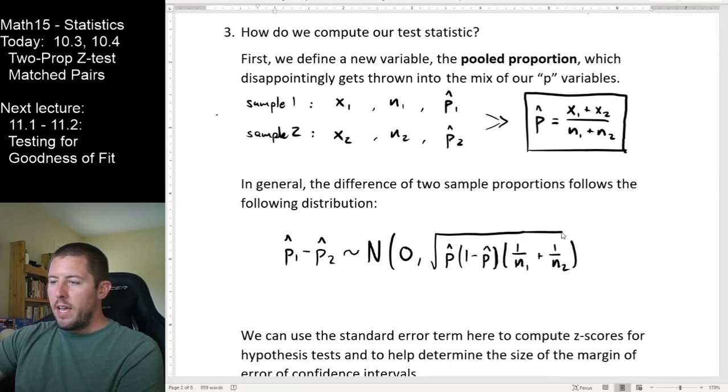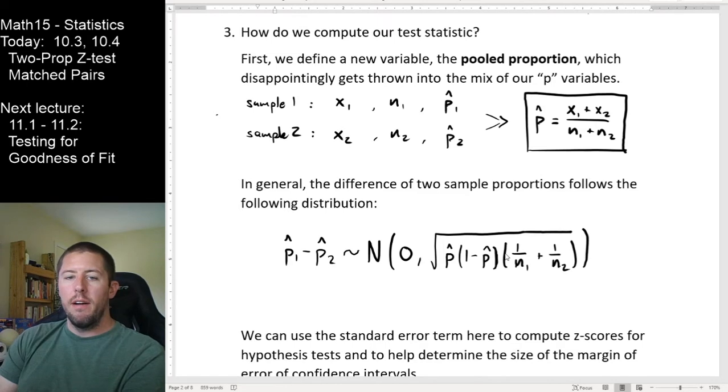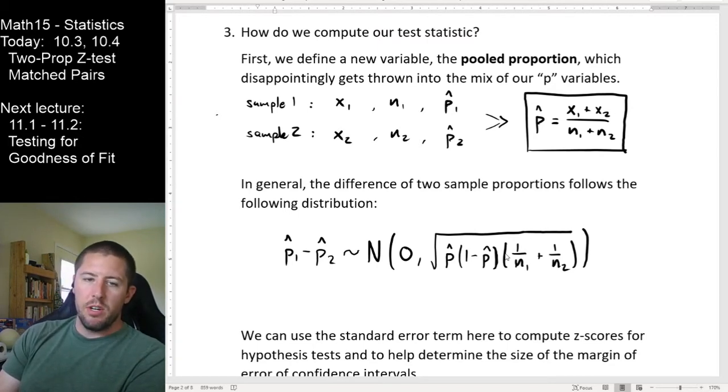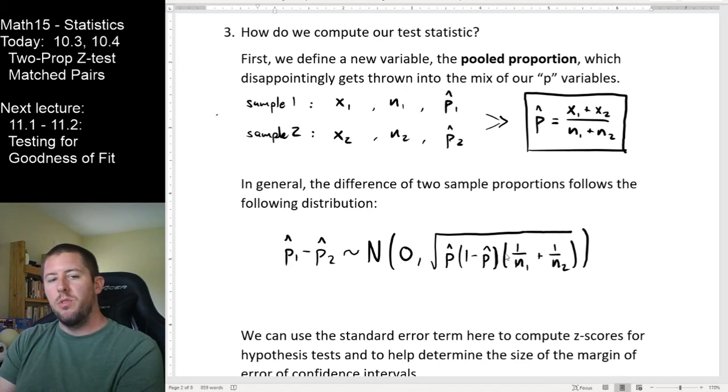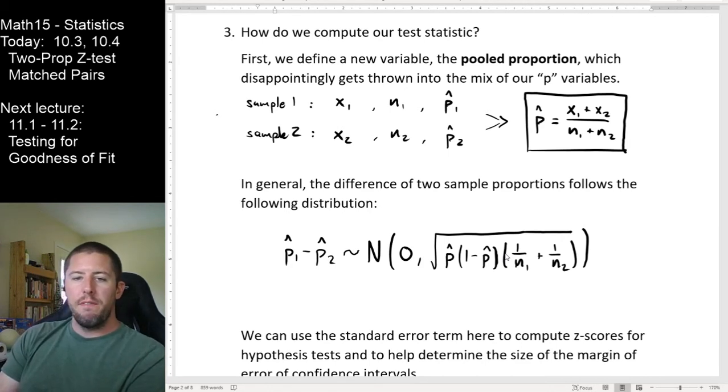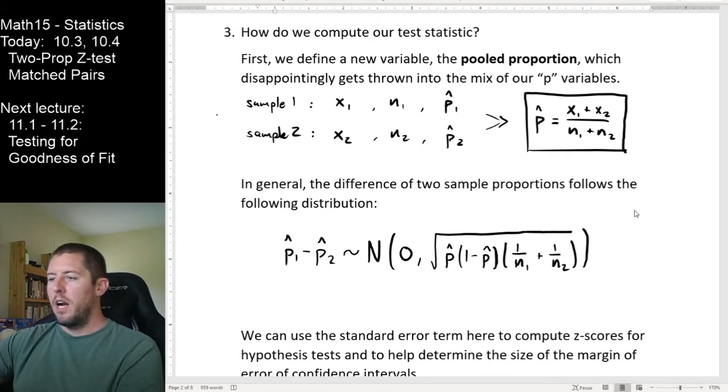And as we saw in our previous video, this does look like a mash together of two different standard error terms from our one sample test. It's got a little bit of an issue that the sum of two square root terms does not equal the square root of the sum of two terms, but this hopefully does look vaguely familiar relative to our one sample test.